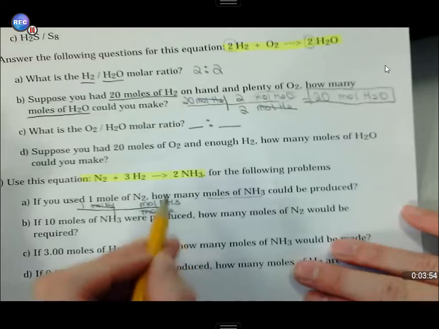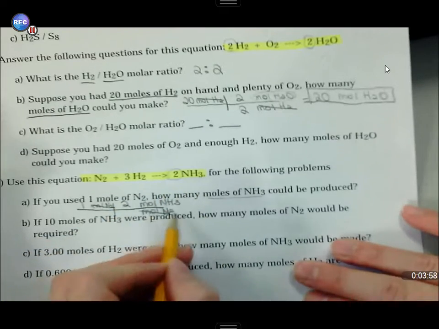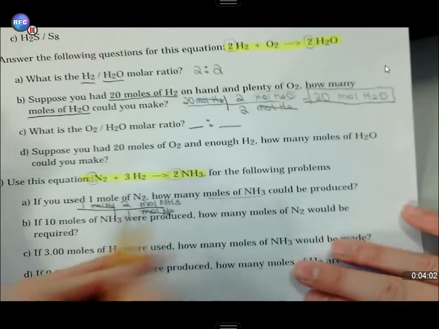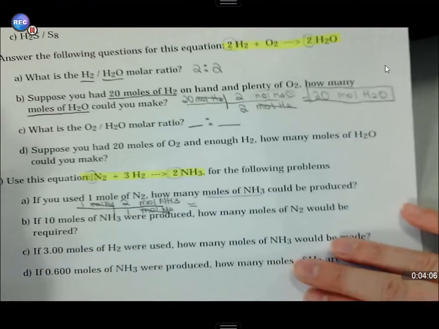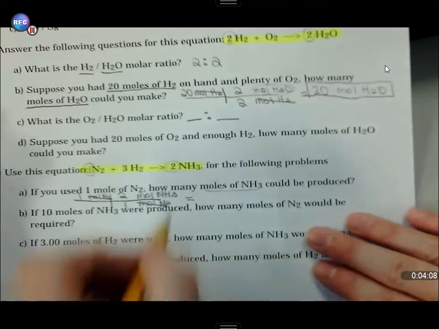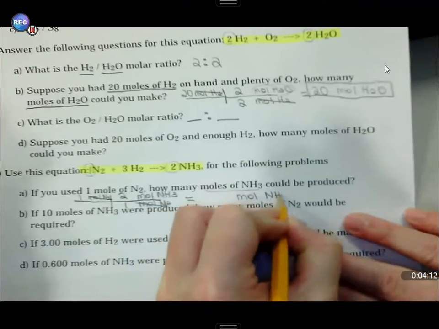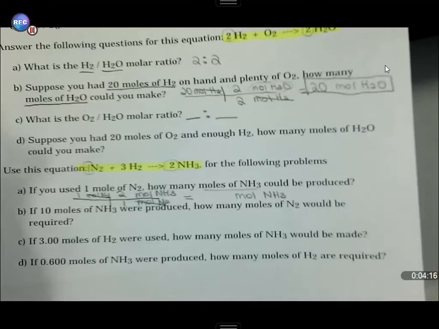So NH3, there are 2. The bottom was moles of N2. Well, here there's nothing, so you assume it's 1. So now you're going to basically multiply the top, divide by the bottom, and that will tell you how many moles of NH3 you have. So you're going to use that same format for the rest of the problems.